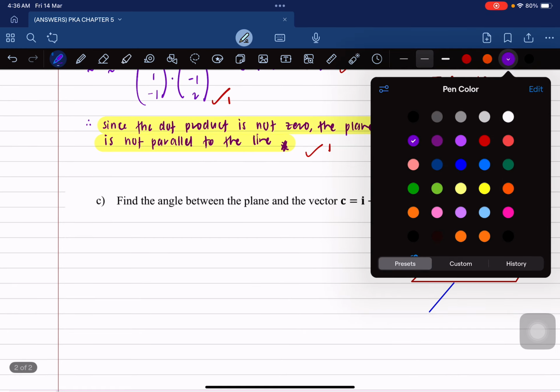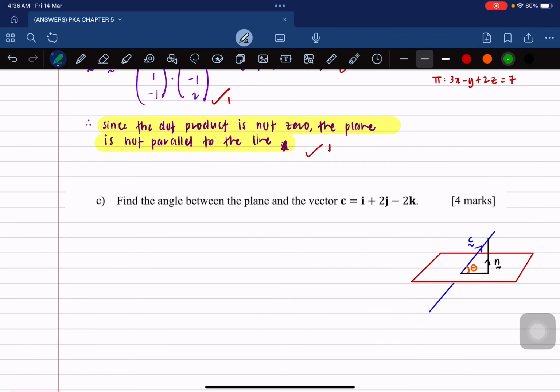First let's find the angle between the vector c and n. So we're gonna find beta first. Beta is equal to shift cos of n dot c divided by the magnitude of vector n multiplied by the magnitude of vector c.